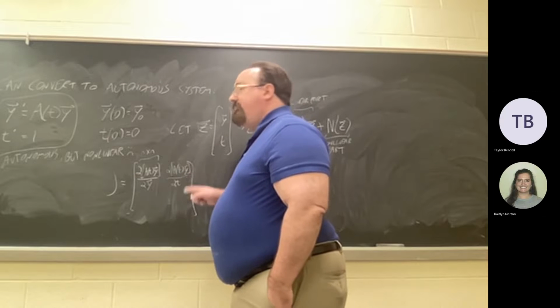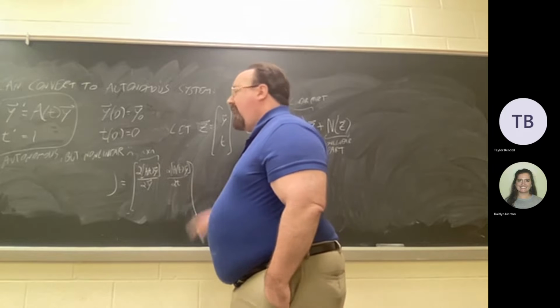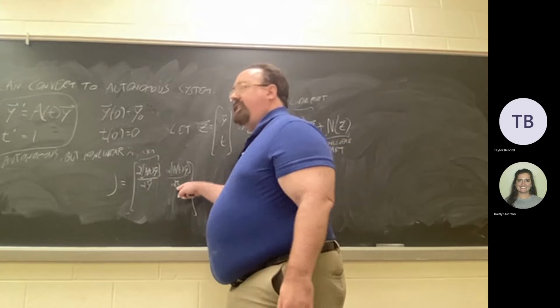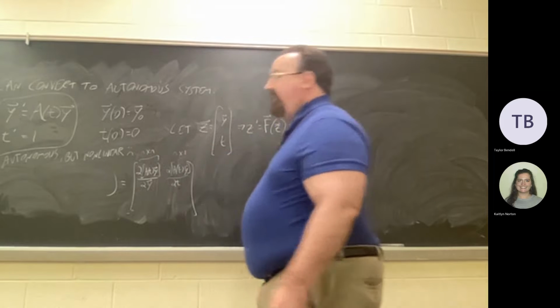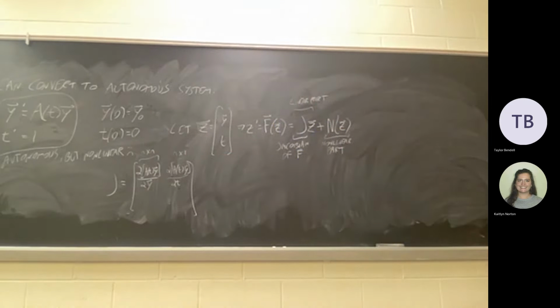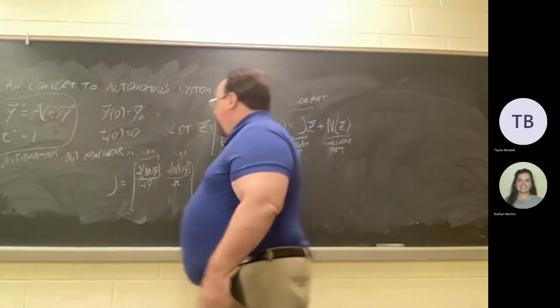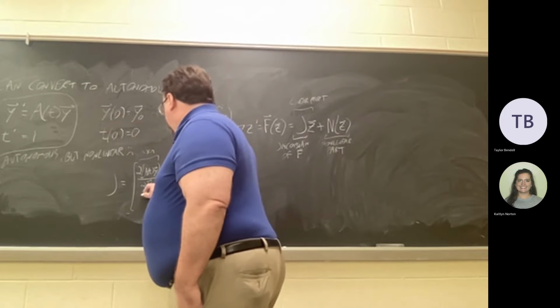This right here is a column vector, because A of t y is a column vector. We're taking a derivative of each component of that with respect to t. That's what goes here. So this is n by 1. Then, what goes down here, derivatives of the other component.